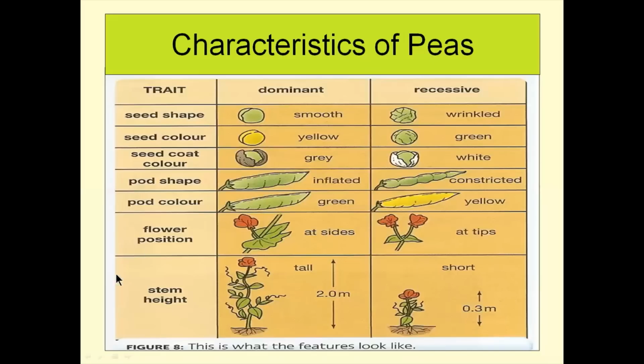We've already discussed height. For stem height, we know tallness is a dominant characteristic, whereas shortness or dwarfness is the recessive characteristic. From his experiments, he concluded that characteristics are not blended during inheritance. For example, the stem height will not at all be affected by flower position.